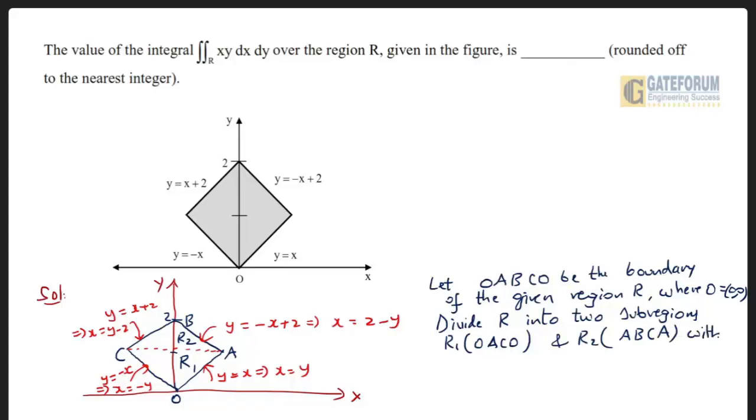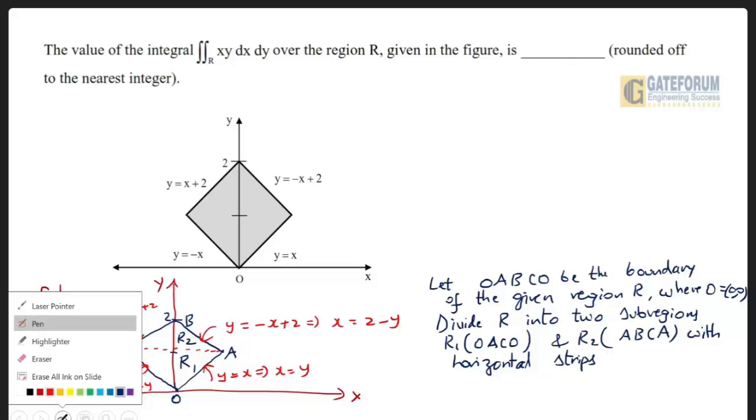That is, considering horizontal strips. Okay, so in these regions R1 and R2, take a horizontal strip.